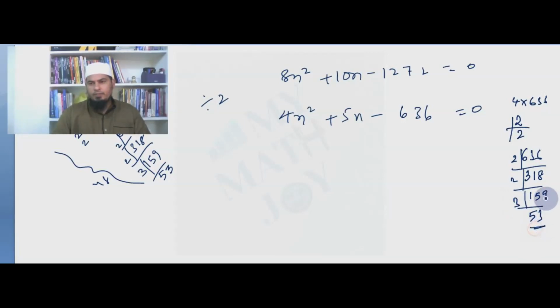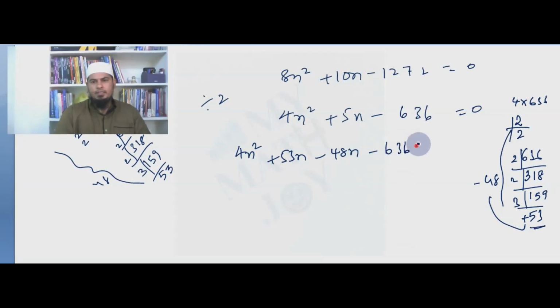Luckily this is 53. Let us check 2 times, 4 times, 8 times, 16 times, 48. 48 and 53, the difference is 5, and plus and minus will serve the purpose. 4n square plus 53n minus 48n minus 636 equals 0. Otherwise, if you don't find this factorization, go by the quadratic formula.